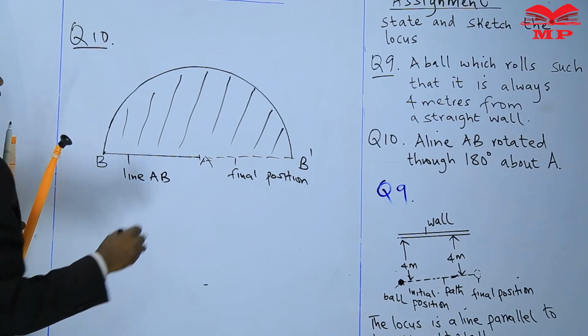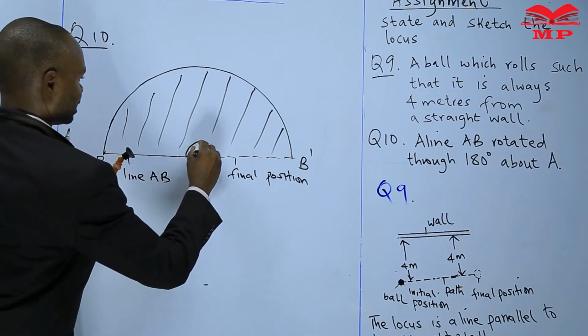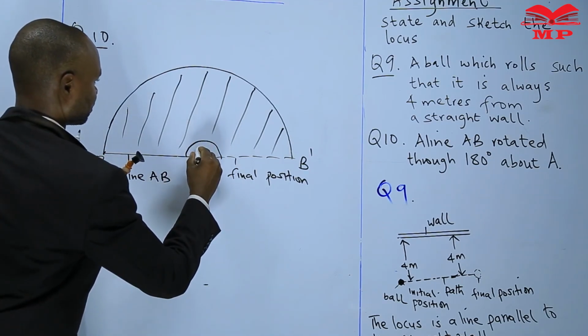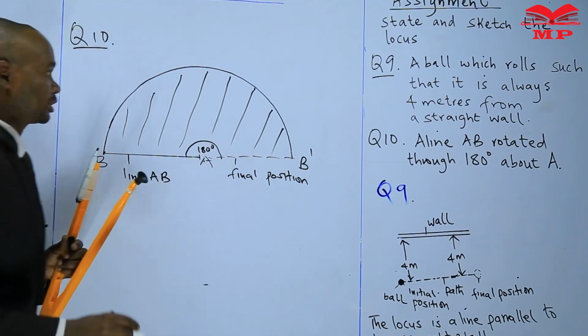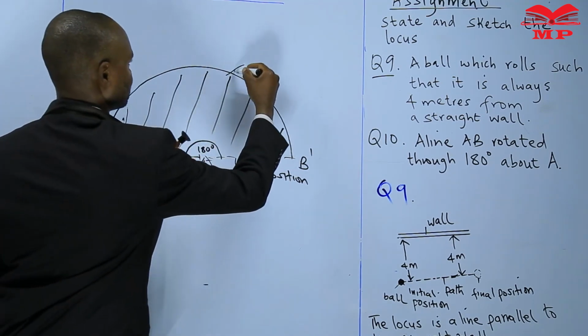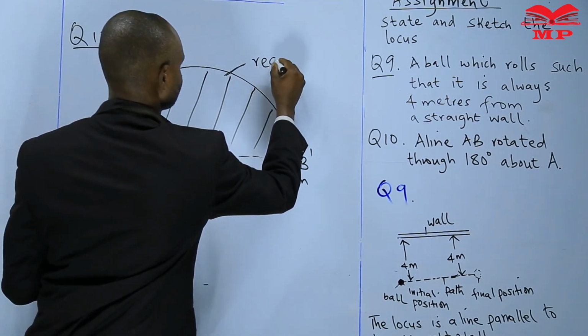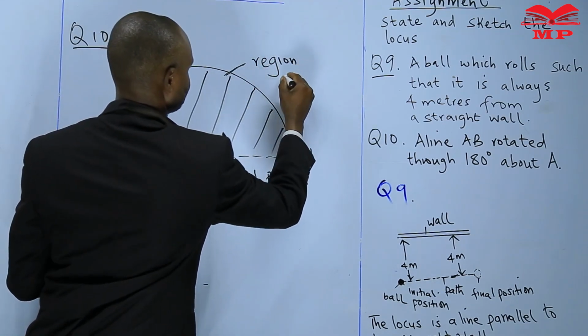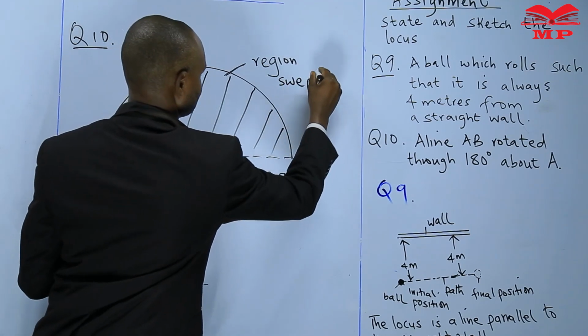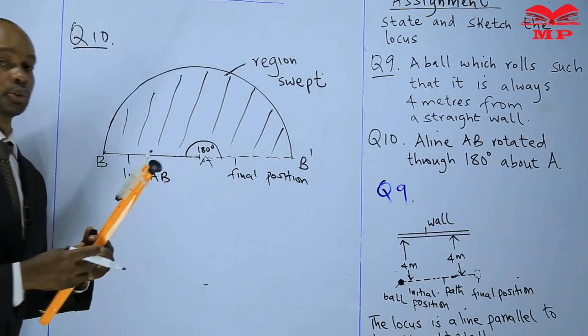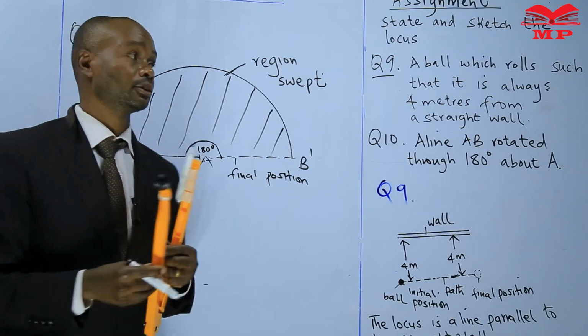You are given a law there: it sweeps through 180 degrees. So this is the region swept, and it is easy to know that region.